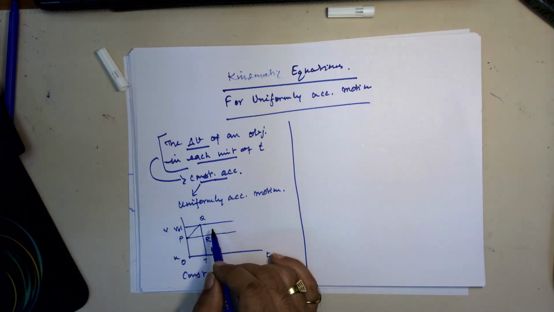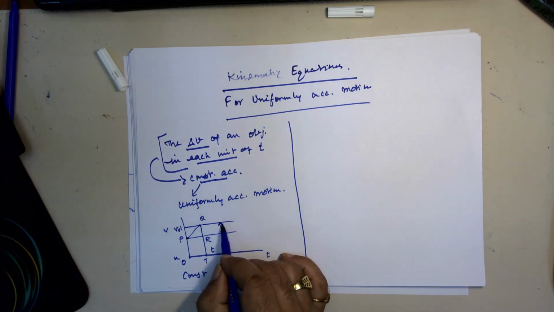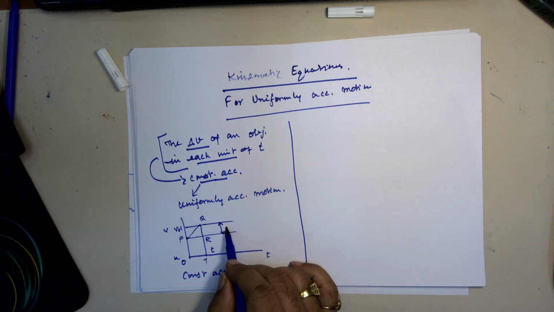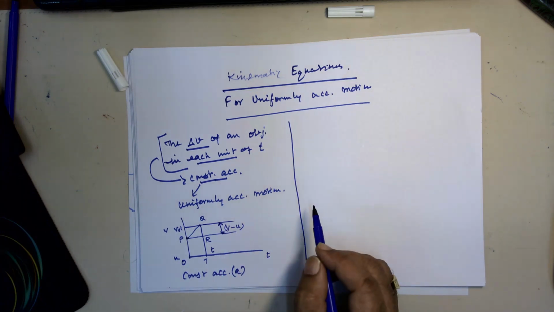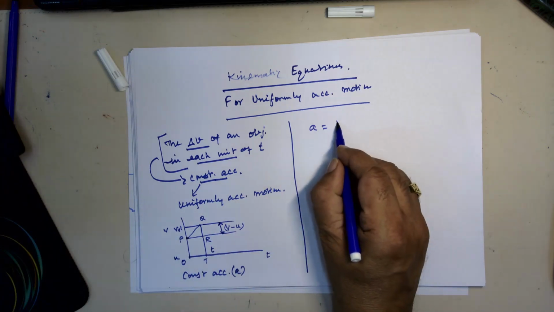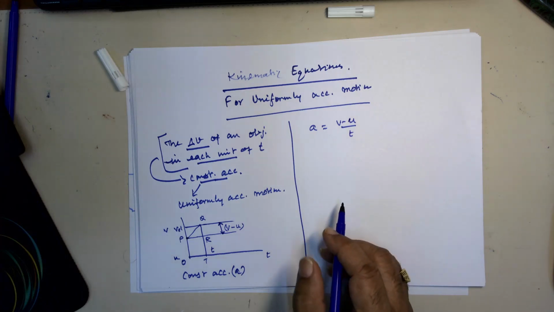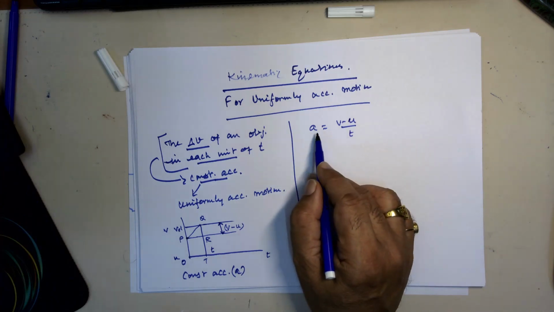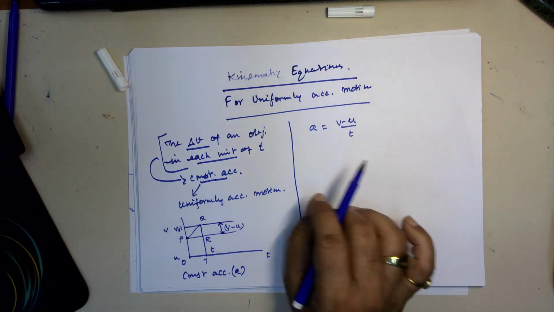And here, the difference is the change in velocity, that is v minus u. So, what is acceleration? Acceleration is change in velocity divided by time. But this a is maintained as constant.